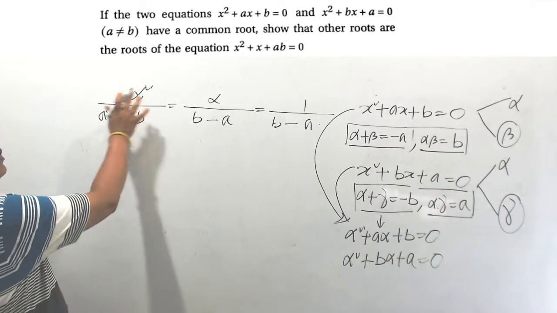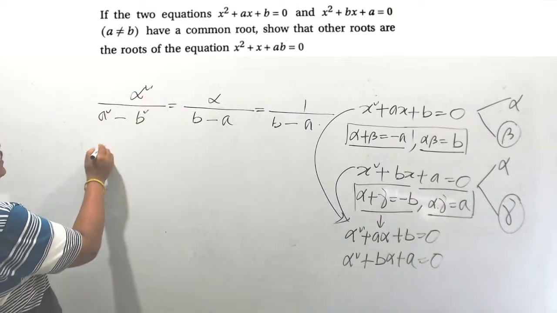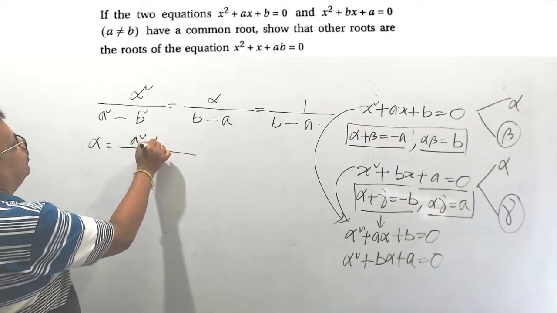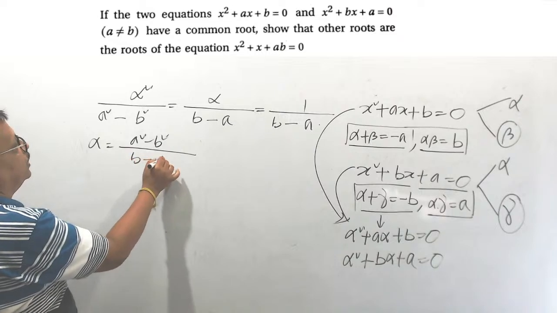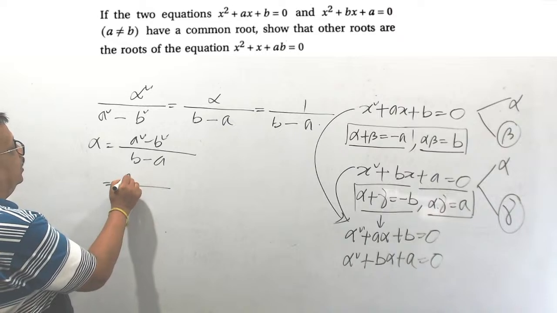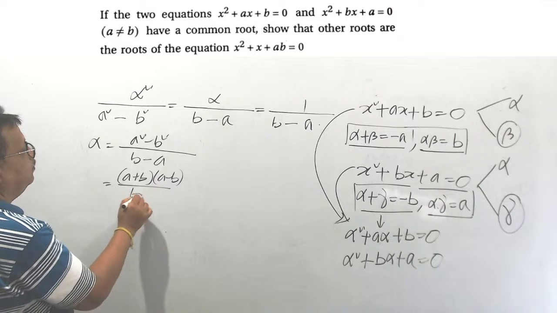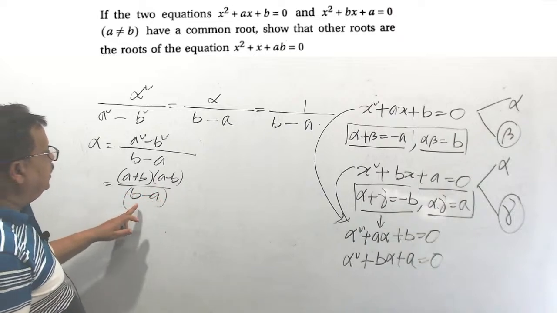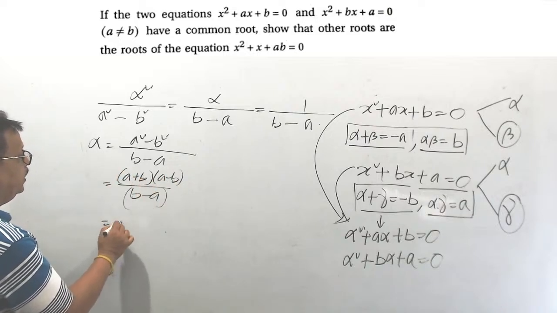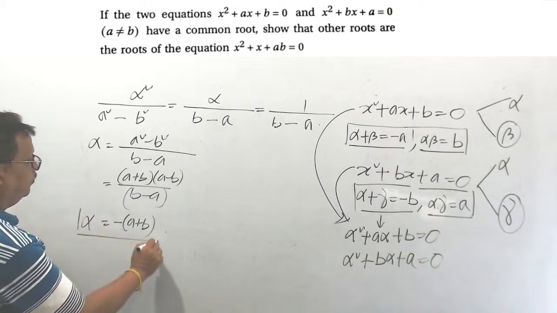Now see, from these two, alpha cancels, that is a square minus b square over b minus a. Simplify: that means a plus b into a minus b. Here b minus a, take common minus, then a minus b will be cancelled, that is minus a plus b, equal to alpha you got.